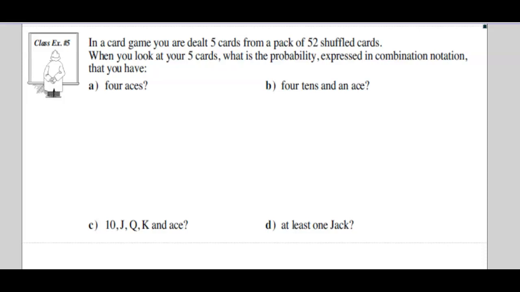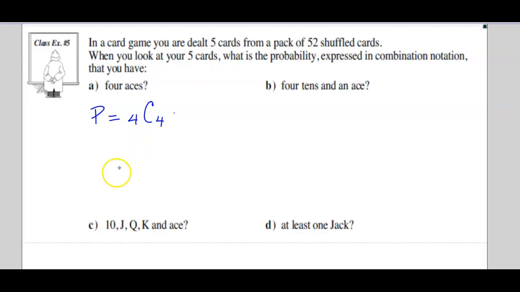So when you look at your 5 cards that you're holding, what's the probability, expressed in combination notation, that you have 4 aces? How many aces in a deck? 4. And you want to choose all 4 of them. Do you really need to show that 4C4? Not really, it's a value of 1. But you still have one more card to get, because it's a 5-card hand.